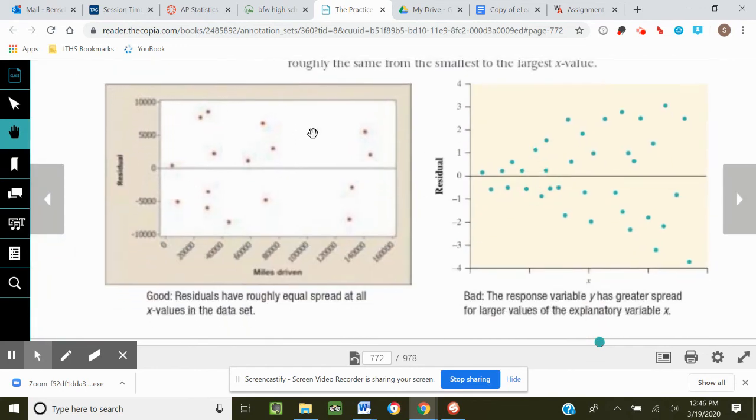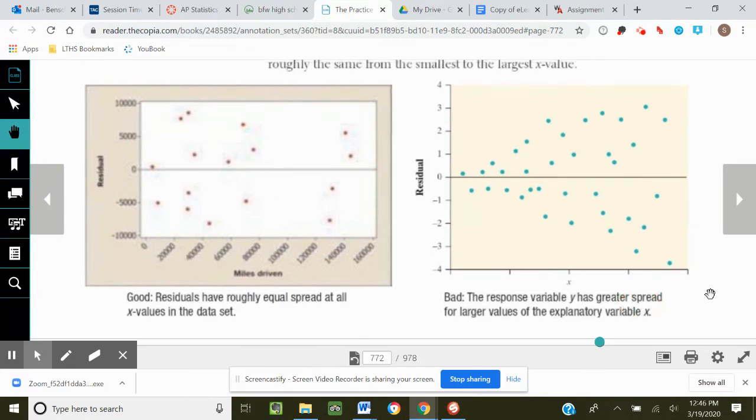So this residual plot's pretty good, pretty equal spread as we go left to right, up and down, above and below the zero line. Here's an example of coning where the equal SD condition would not be met. Notice how the spread for these lower x values here, the residuals are a lot smaller than they are for the higher x values.